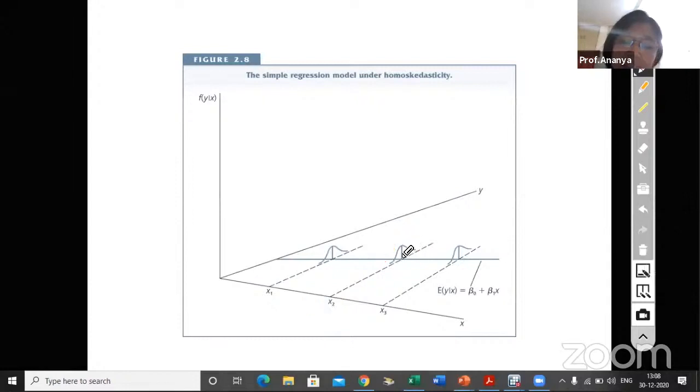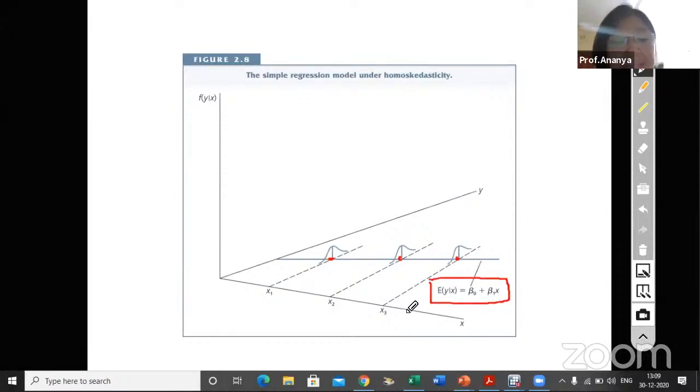And the average value that y takes is marked by the center of this graph. This is y2, the average value of y given that x takes the value x2. So the regression line that you're plotting is essentially something which goes through the average values of y for the different values that x takes.